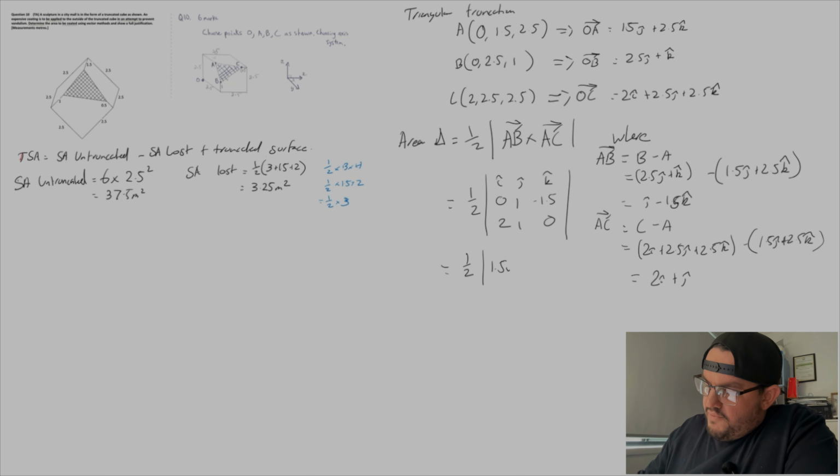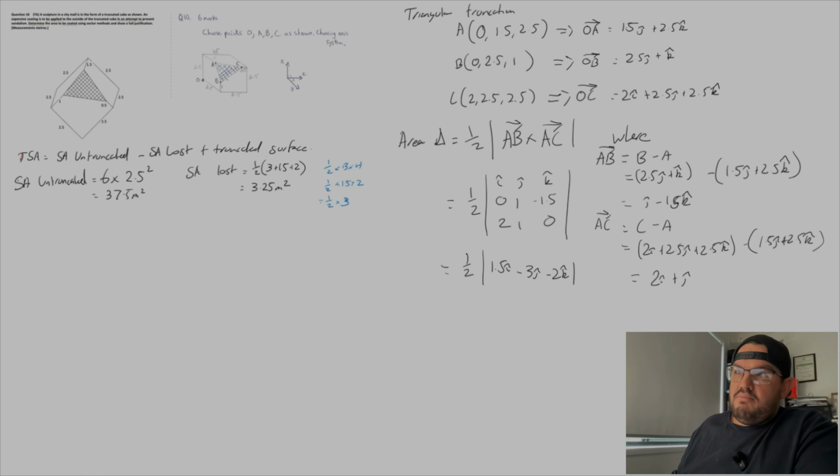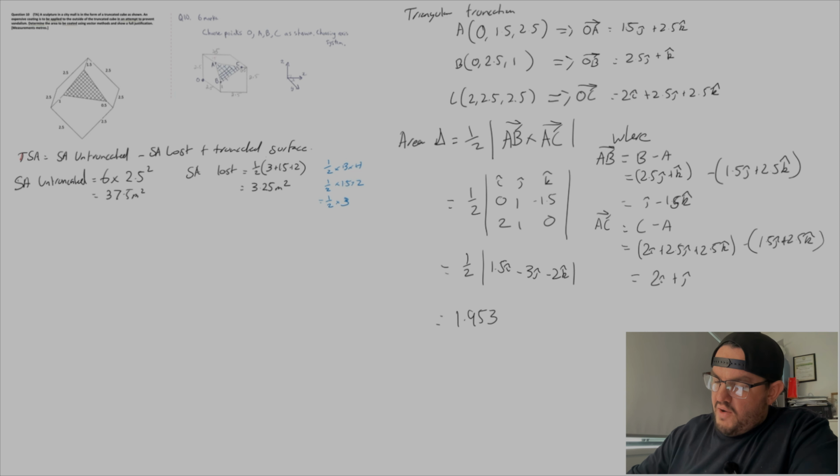Magnitude 1.5i minus 3j minus 2k. Magnitude square root 1.5 squared plus negative 3 squared plus negative 2 squared. And then do half of that and you get 1.953 square meters.